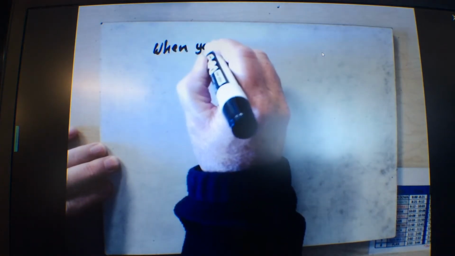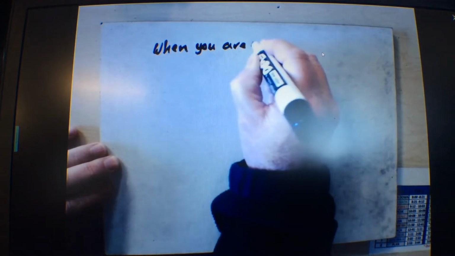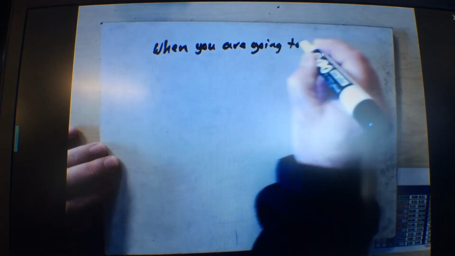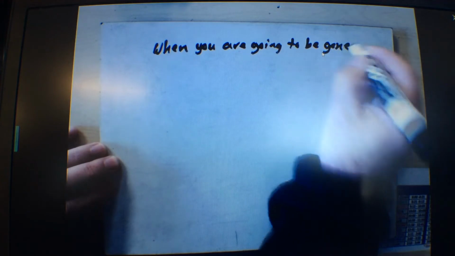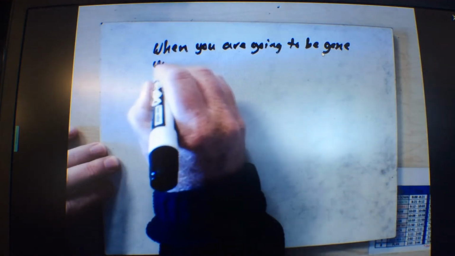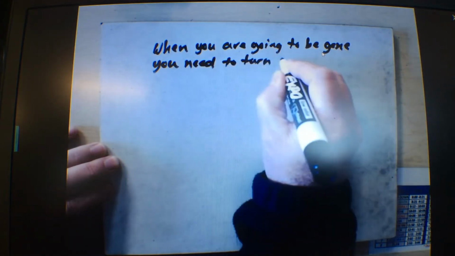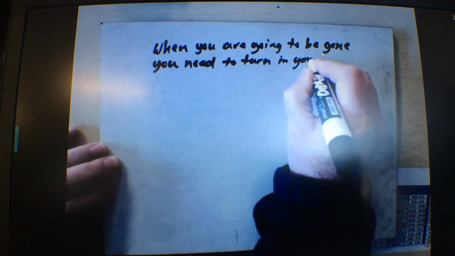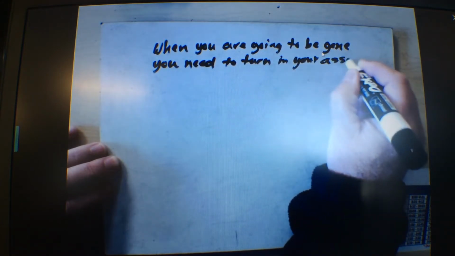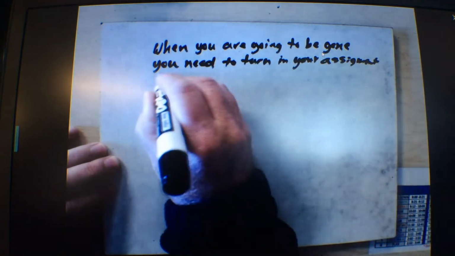So I'm first going to talk about this. Let's change it a little bit differently. When you are going to be gone, you need to turn in your assignment before you go.